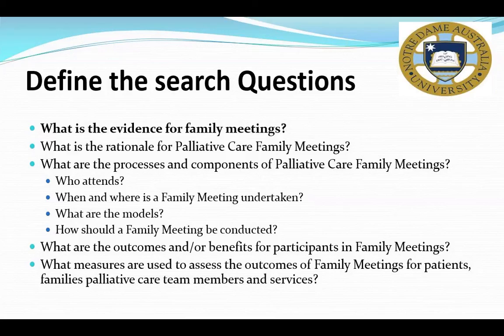There was what was the evidence, what was the rationale, what were the processes and components, so the who, what, how, why of family meetings, what were the outcomes or benefits for the participants, and what measures were used to assess the outcomes. And that for me was a really important question, because that's really the evidence that you need. You need to be able to look at outcomes to say, yes, that family meeting has or has not been a benefit or had an impact on the patient or the family.